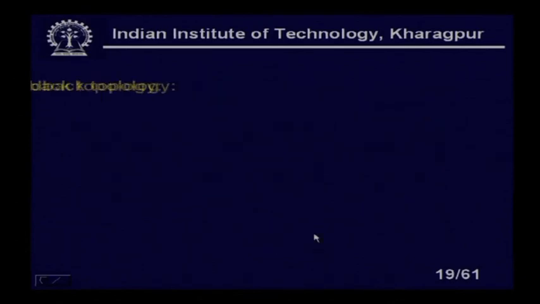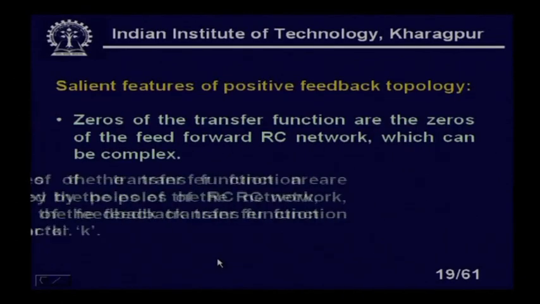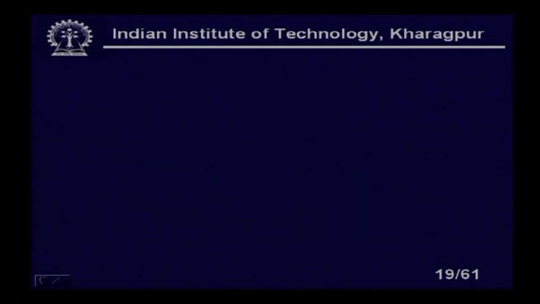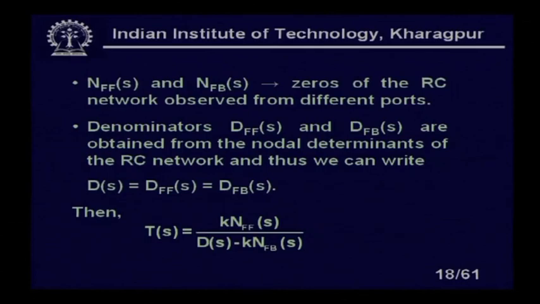Whereas the poles of the transfer function are determined by the poles of the RC network, the zeros of the feedback transfer function and the factor k. What is this? Let us look at it. The poles of the transfer function depend on the zeros of the feedback transfer function and the function k, that means the ratio R2 and R1, and D(S). What is D(S)? D(S) is the poles of the feedback or feed forward transfer function. It depends on all these three factors.